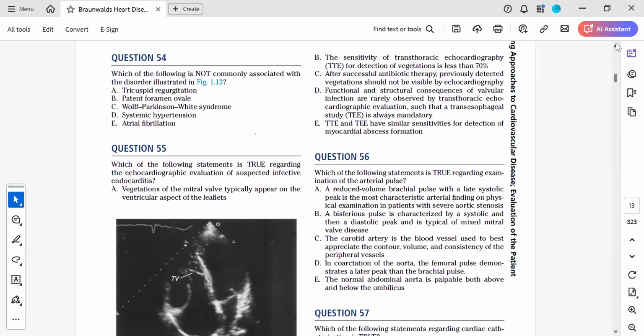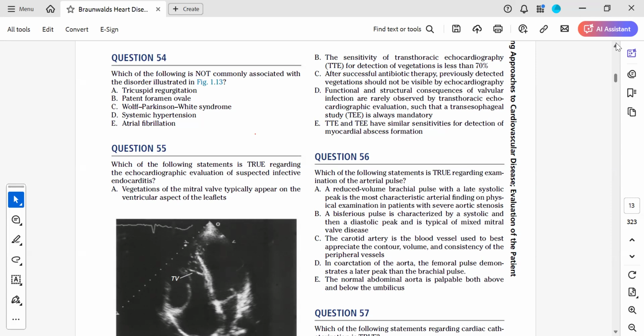Option D, functional and structural consequences of valvular infection are rarely observed by transthoracic echocardiography evaluation, such that a transesophageal study is always mandatory. Yes, the sensitivity of transthoracic, like I said, is about 60 to 65%, while for the transesophageal, it's more sensitive, 94 to 100%.